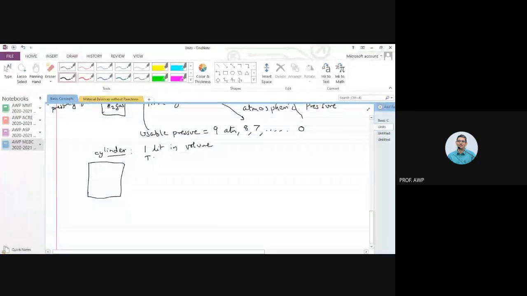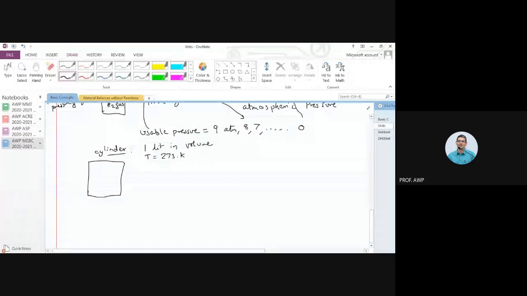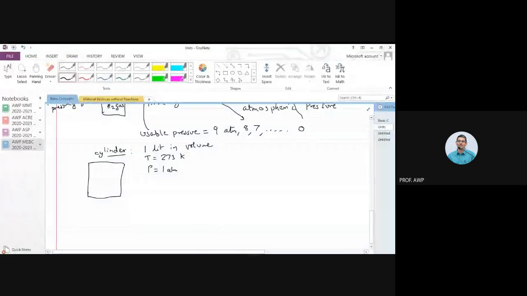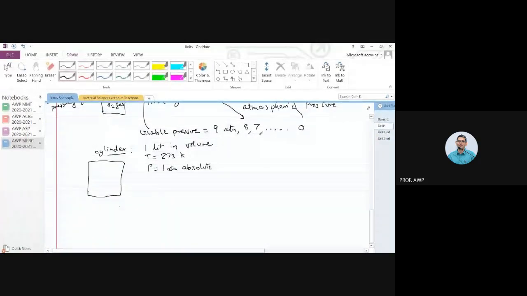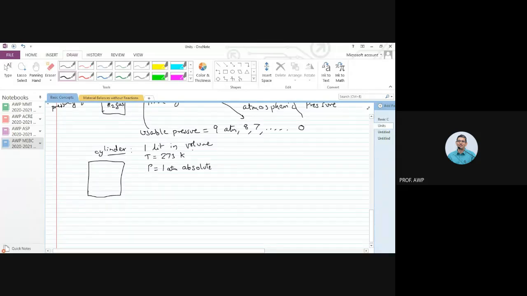Let's say temperature is 273 Kelvin, and let's say pressure is 1 atmosphere absolute. Okay, can you visualize? There is a cylinder that has 1 liter volume, temperature is 273 Kelvin, and pressure is 1 atmosphere absolute.